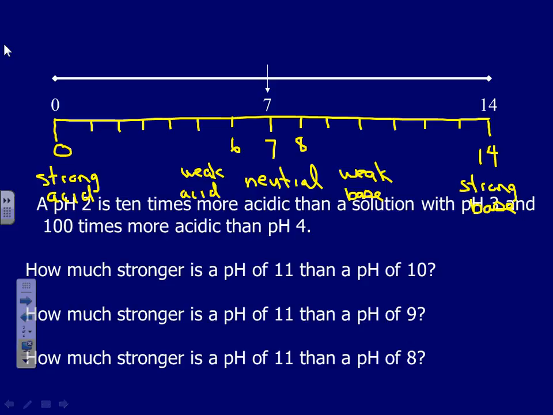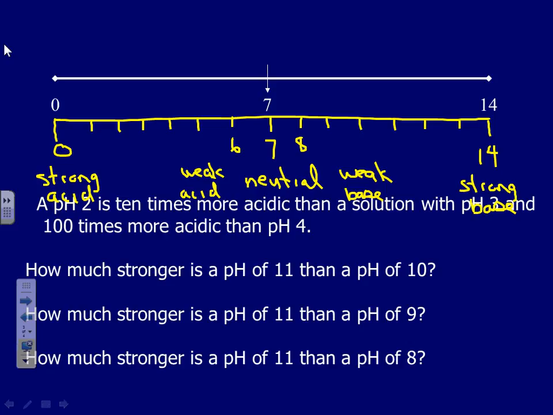A pH of 2 is 10 times more acidic than a solution with a pH of 3. That's what that says. And 100 times more acidic than a pH of 4. Yes? On the first slide, yeah, we've written that down.